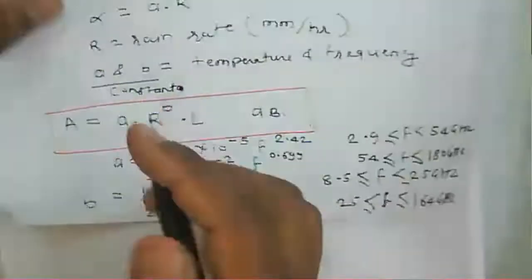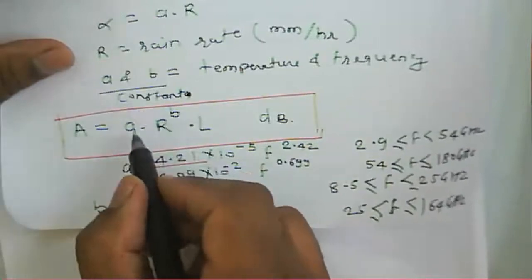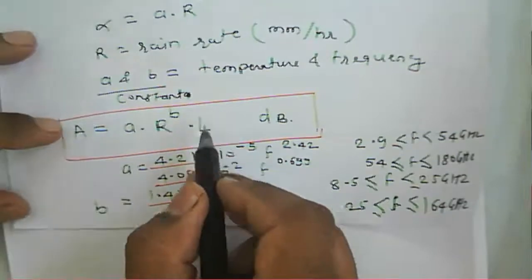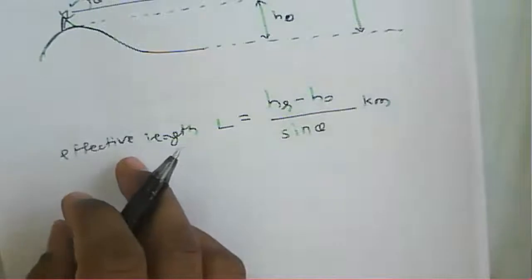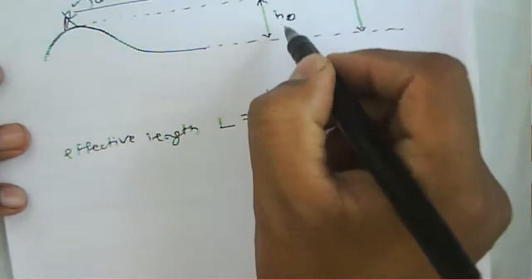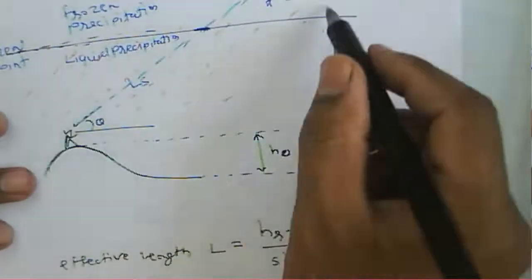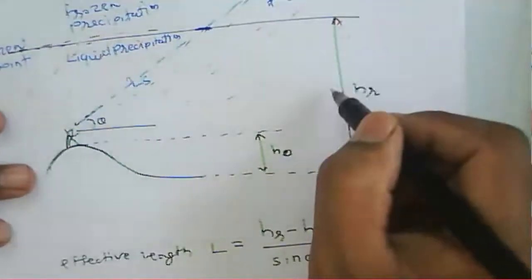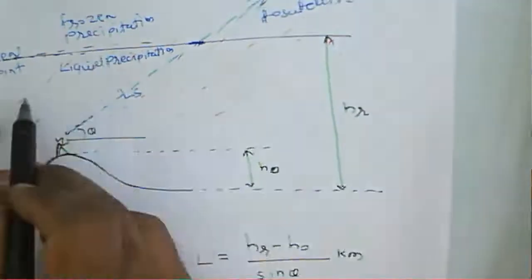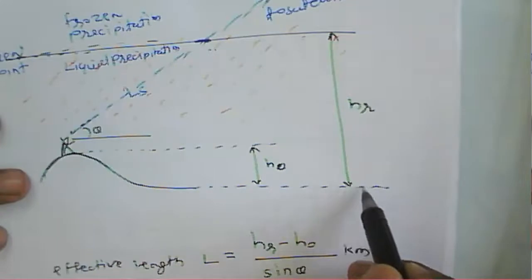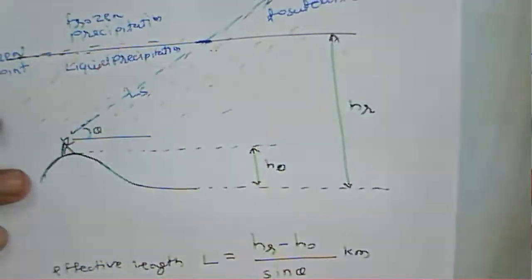So what is the effective length? That is used for the attenuation. A is equal to alpha into R into L. L is nothing but the effective length, and that effective length is obtained using the earth station altitude from the sea level, and the height of that particular rain column, from the ground station to that particular freezing point.